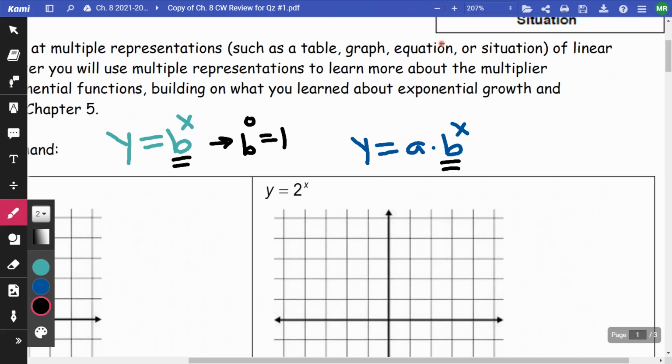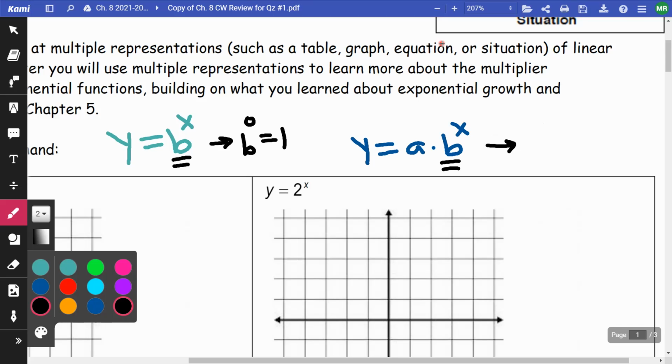Now, in the second graph, when I put in 0, a times b to the 0, b to the 0 is a 1. So I'm going to get a times 1, which is a. So I'm always going to get my y-intercept is our a.